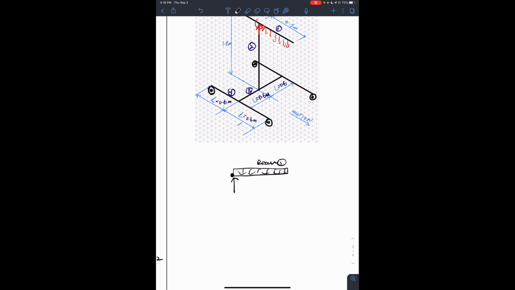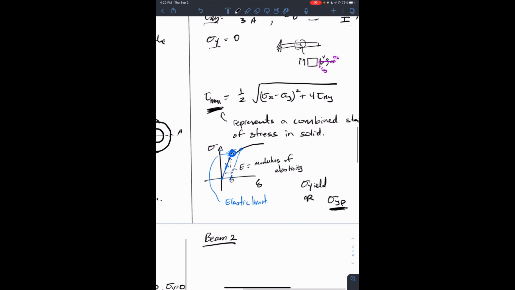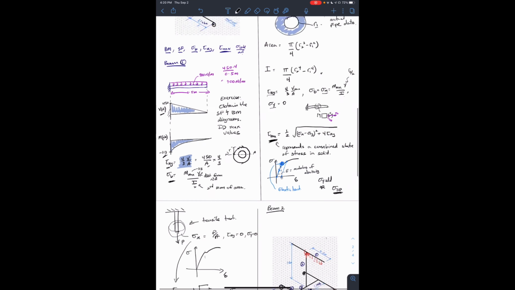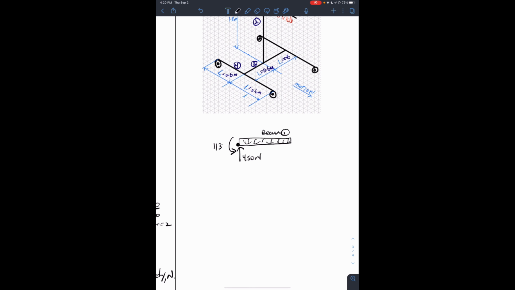So we have a reaction force, and that reaction force was 450 newtons. And then we had a reaction moment, which we determined from the shear force diagram to be 113 Newton meter.